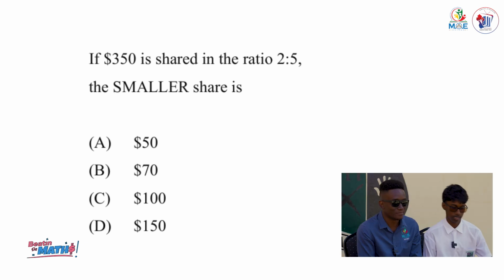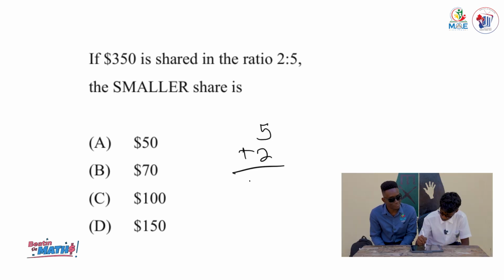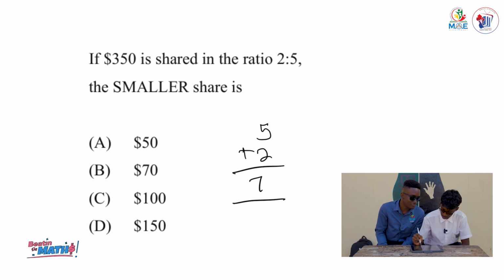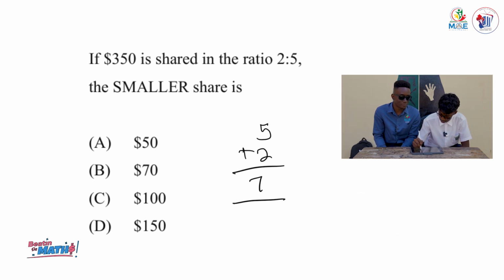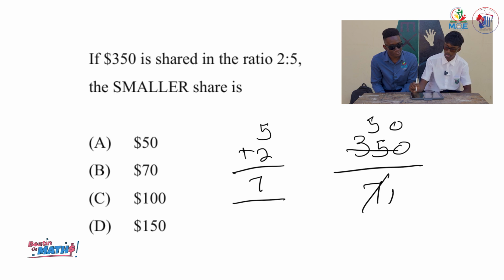Go ahead. Okay, sir. So first, we add up the 2 shares, 5 and 2, which gives you 7. Now what you want to do is divide 350 by 7. 7 into 35, 7 into 0. That gives 50.